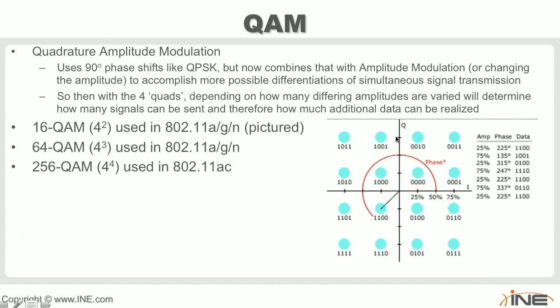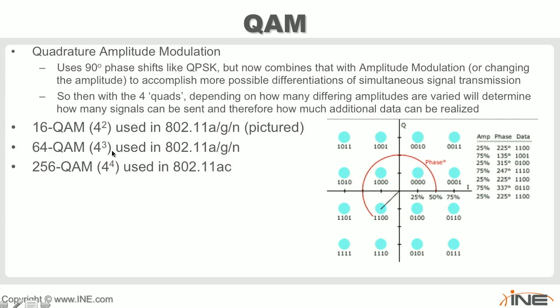As I go out from the center, those are my amplitudes: 25% power, 50% amplification, 75% amplification, and finally 100% amplification. Okay, so that's my 16 QAM. With 16 QAM, I can achieve speeds of up to 36 megabits per second. This was used in 802.11a and g. I actually said n, but n doesn't use 16.